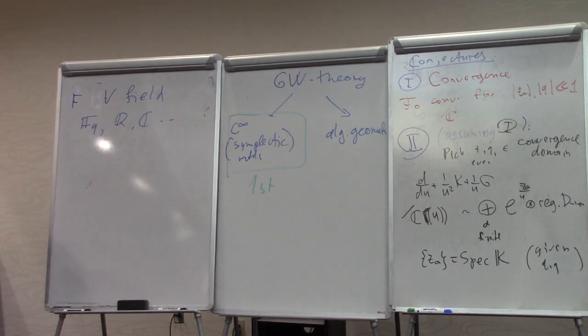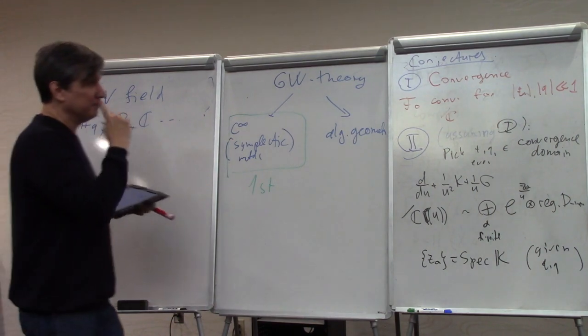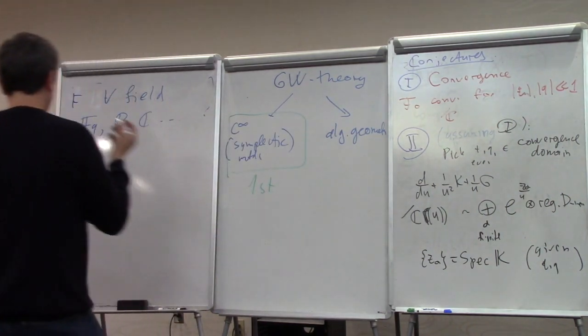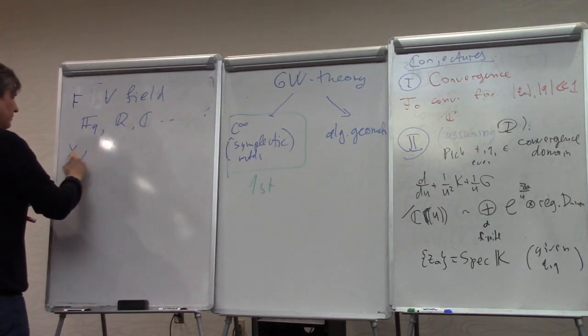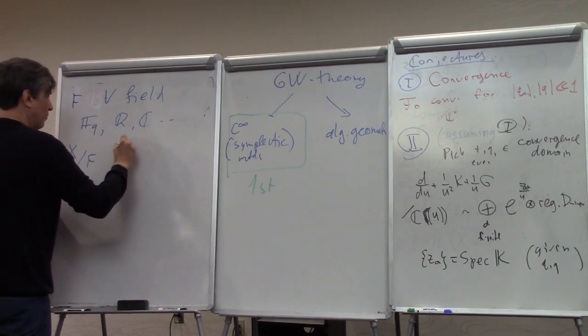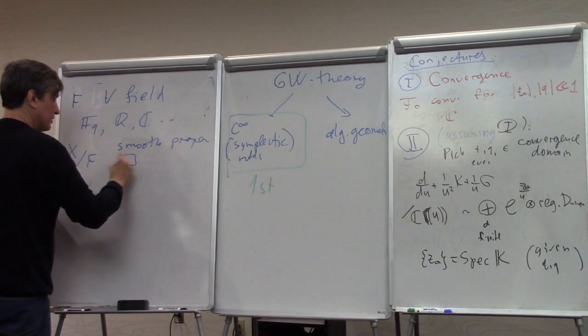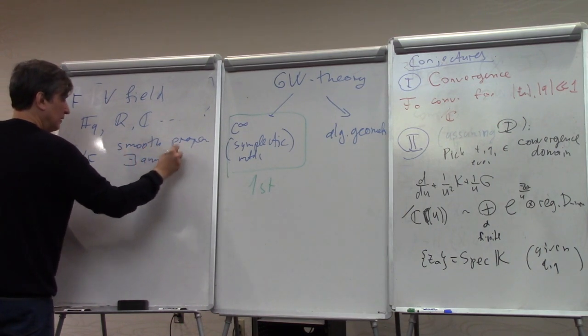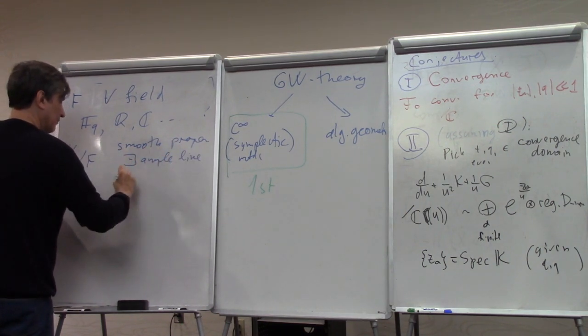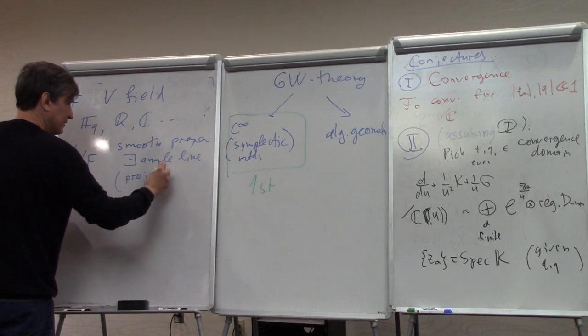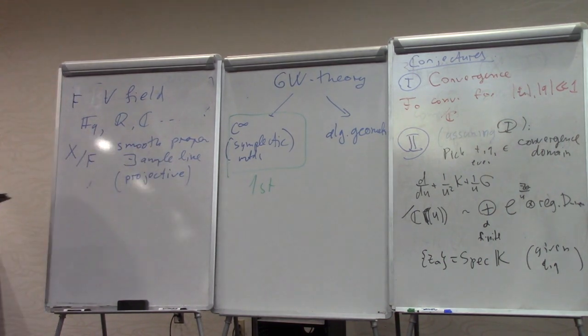And instead of an almost complex manifold, X will be a smooth proper variety such that there exists an ample line bundle. This is what people call projective varieties, but I don't fix this line bundle, so it's an adjective, not a part of the data.